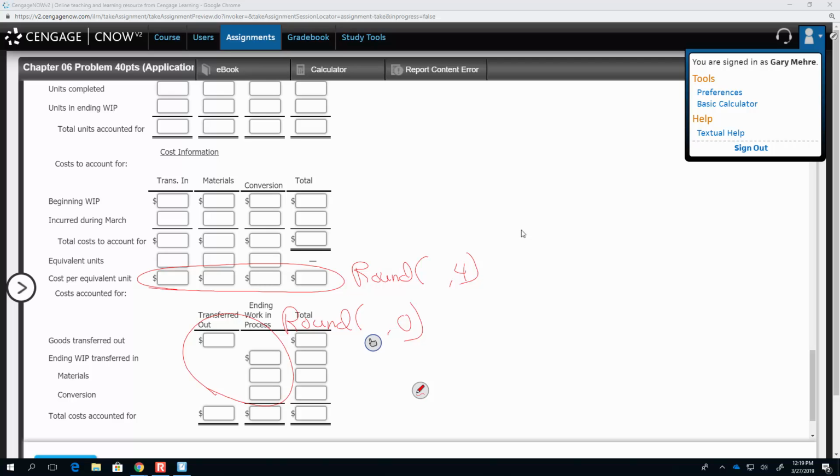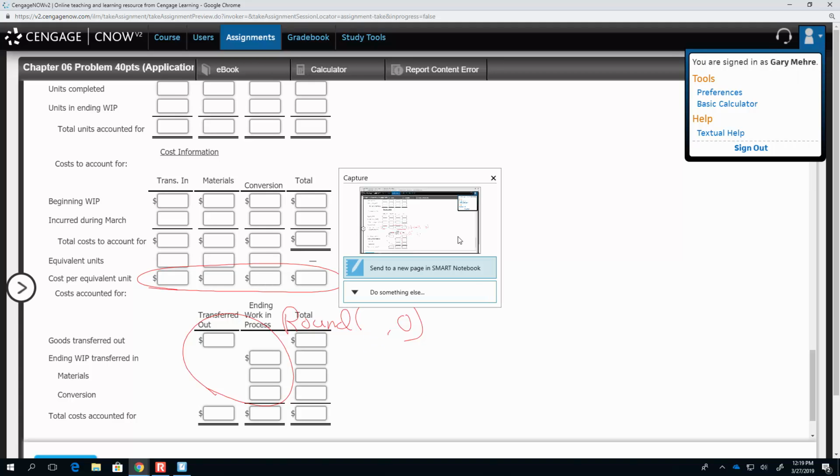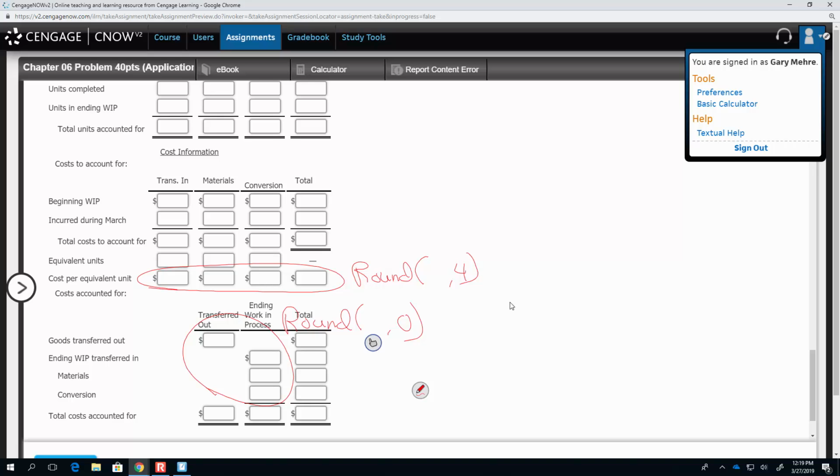So I'm going to capture this too, so that we remember to round to 4 on the second department, on the first round to 2, and then the step 4 numbers all rounded to 0 on both departments. That's the key with those computations. Again, if you do it differently, that's fine. Just let me know. I'll have to fix it then when I look at your CNOW work.